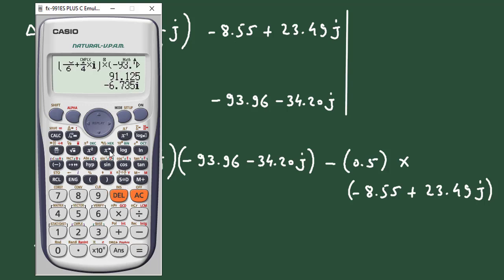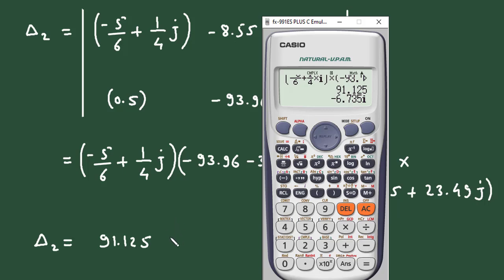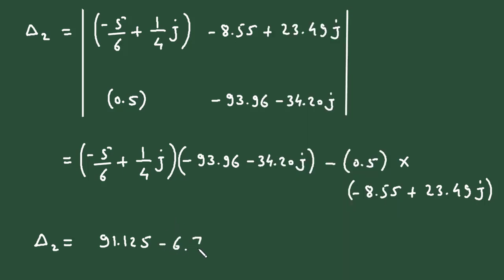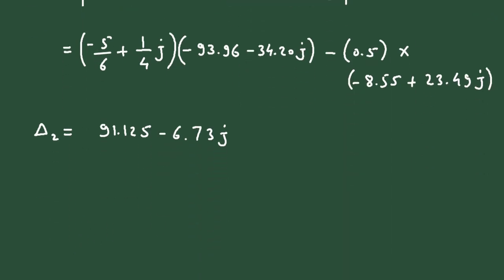So it is equal to 91.125 minus 6.73 j. So this is the value of delta 2.